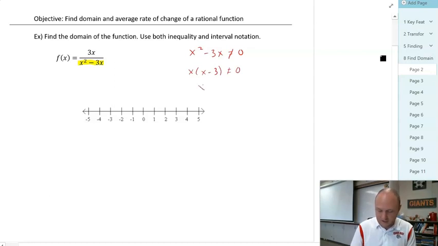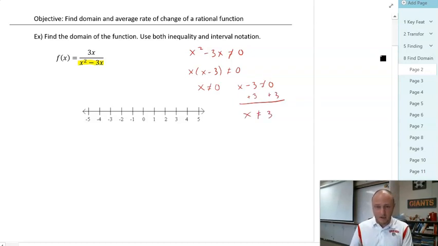Then I set each piece equal to 0, or not equal to 0, however you want to look at it. Over here I'm going to solve. I'll add 3 to both sides, and I get x cannot be 3 and it cannot be 0. So at 0, I'm going to have an asymptote, and at 3, I'm going to have an asymptote.